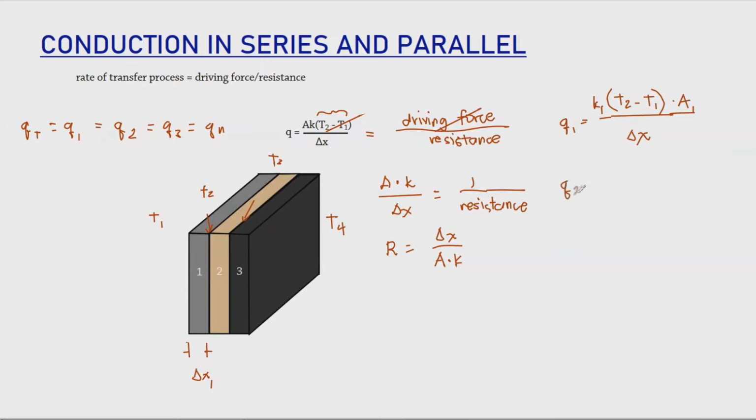And if I wanted to find Q2, that is also K2 multiplied with T3 minus T2, area sub 2, and then delta x2.